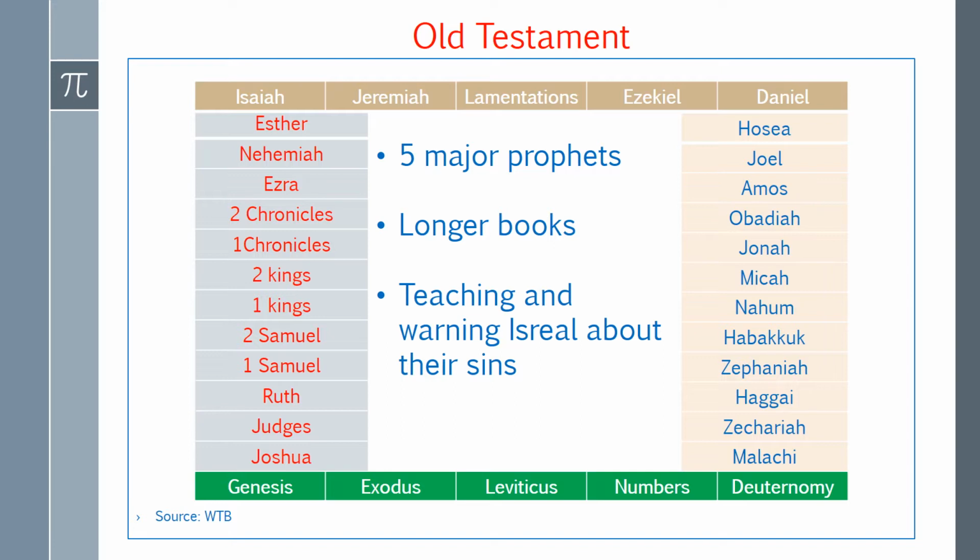Instead, some of them even worshipped other gods. God sent all these prophets to teach them and to warn them about their sin, asking them to come back to God, or else they would be sent into exile. And finally, Israel was sent to Assyria, and Judah was exiled to Babylon.